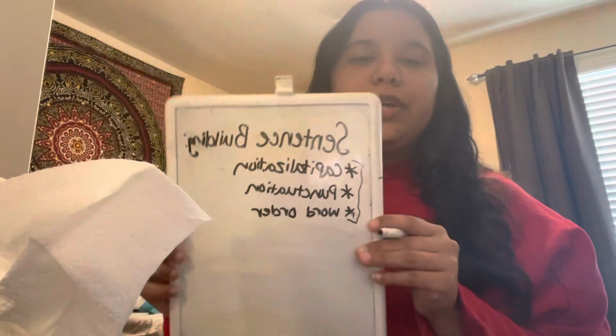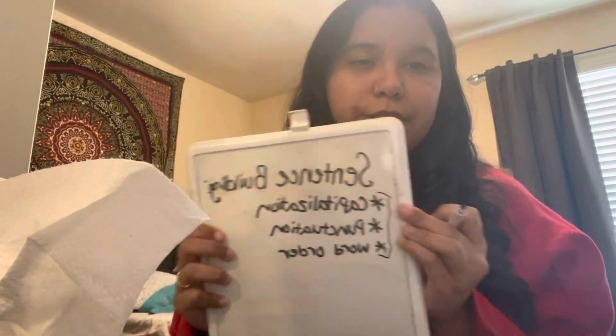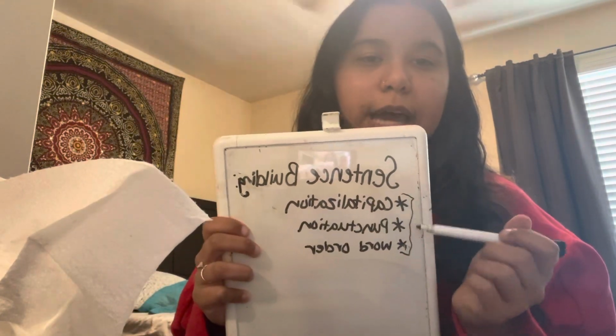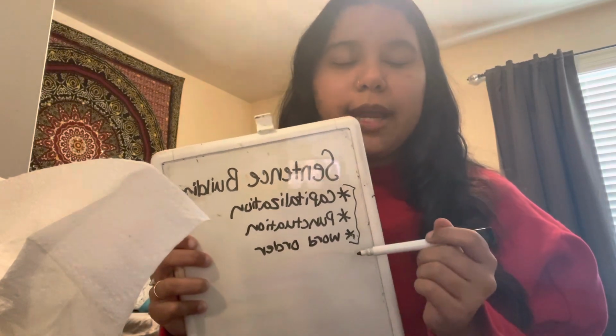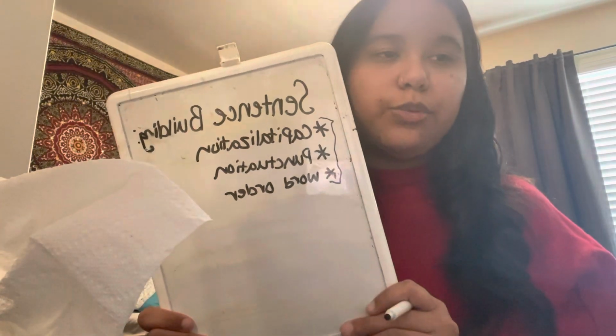And remember the 3 things that you need to include in your sentence being capital letters, a punctuation mark, and making sure it makes sense when you read it, okay? Because good writers always make sure that they have those elements in their writing so that readers can easily read their sentences.